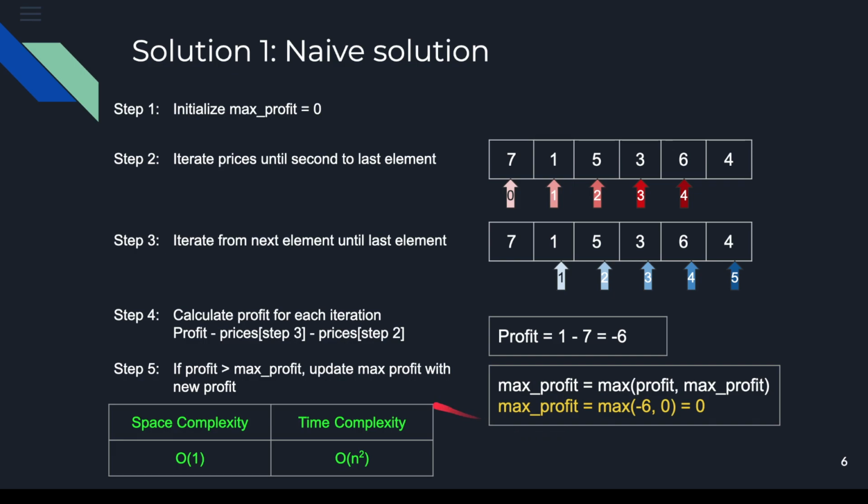Looking at the space and time complexity, we are not using any variables that depend on the size of the array. We are using only max profit, which is one variable that does not depend on the array size. The iterators for the first loop and the second loop are also not dependent on the array size, and the other variable called profit is also not dependent on the length of the array.